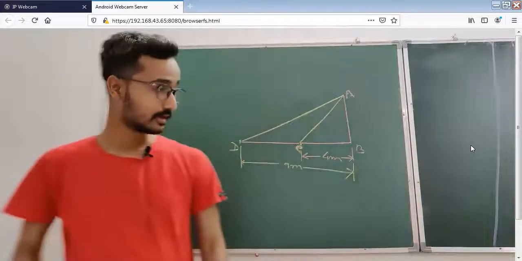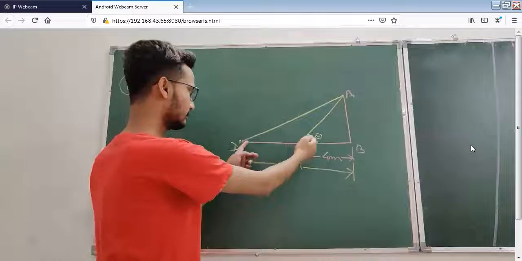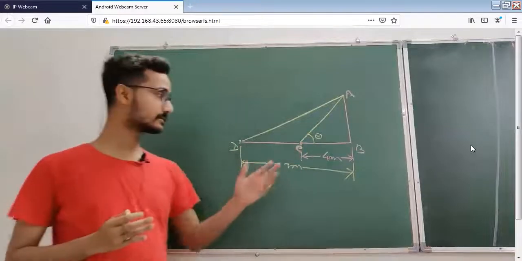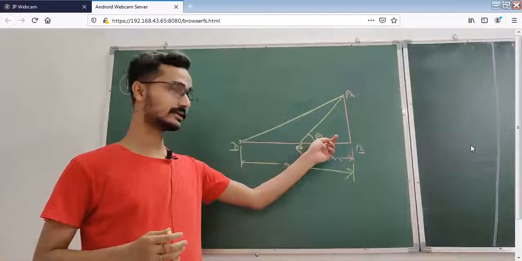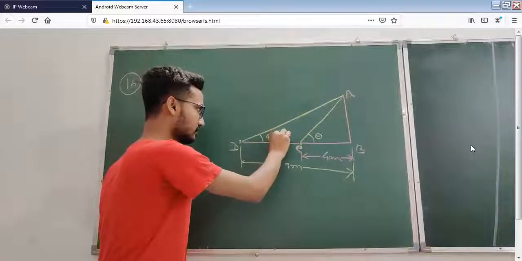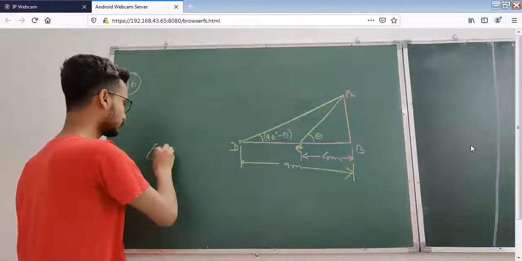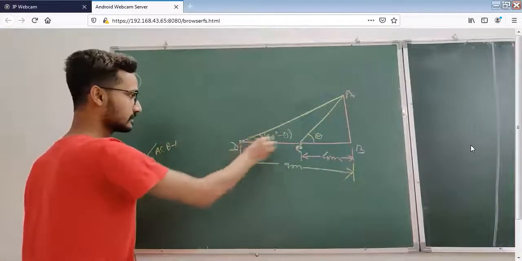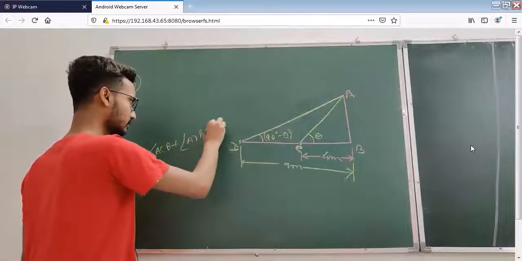Now see, if this angle is theta, since the summation of these 2 angles is 90 degree, they are complementary angles, so this angle will be 90 minus theta. Yes or no? Because it is given in the question that angle ACB plus angle ADB is 90 degree.